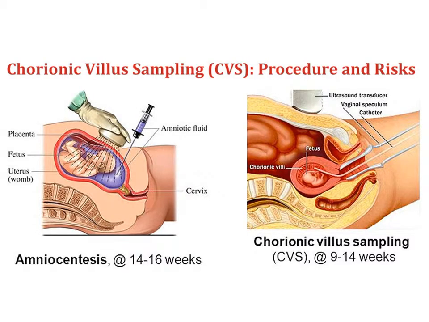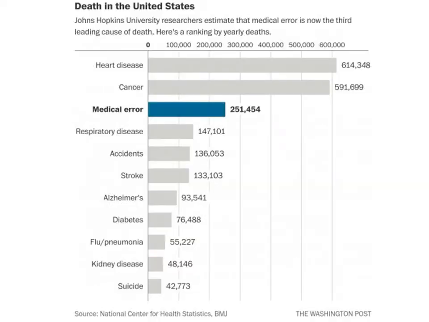This compares the two. The amniocentesis is between 14 to 16 weeks, and the chorionic villus sampling can be performed between week 9 and 14. So performing these tests is very vital to some expecting parents.